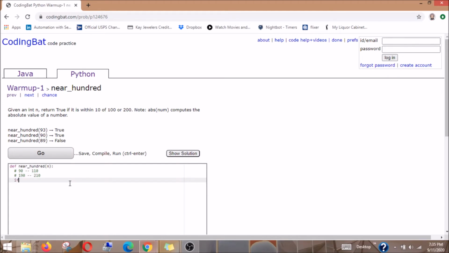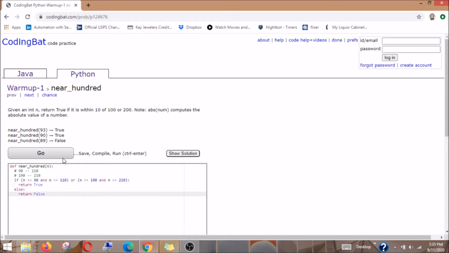Okay, so if n is greater than or equal to 90 and n less than or equal to 110, let's put the bracket on there, or n is greater than or equal to 190 and n is less than or equal to 210, return true, else return false.